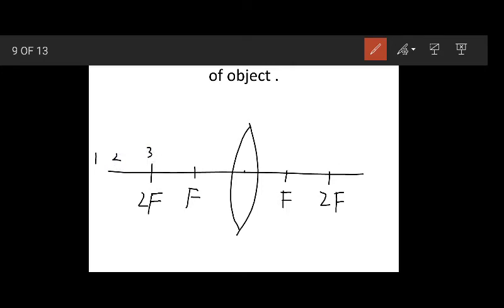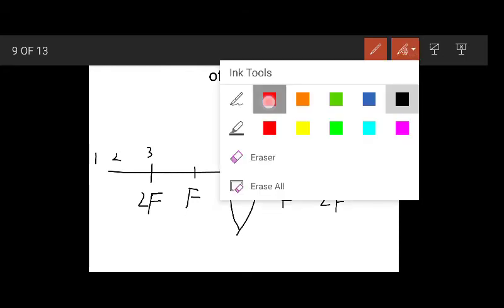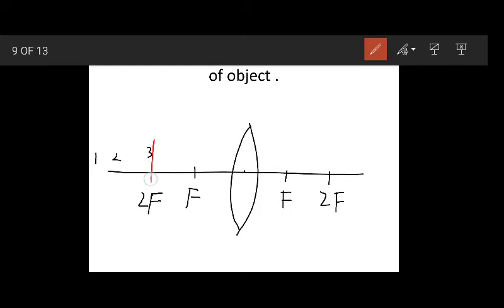Now if you want to place the object at position 3, then the image will also be at position 3.